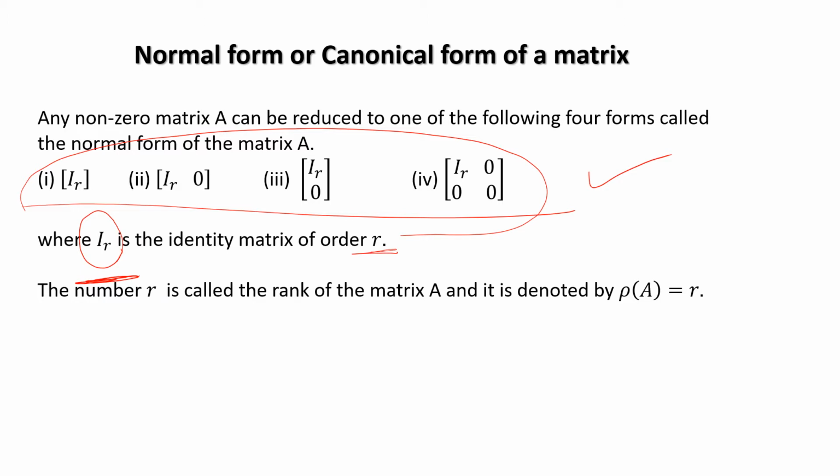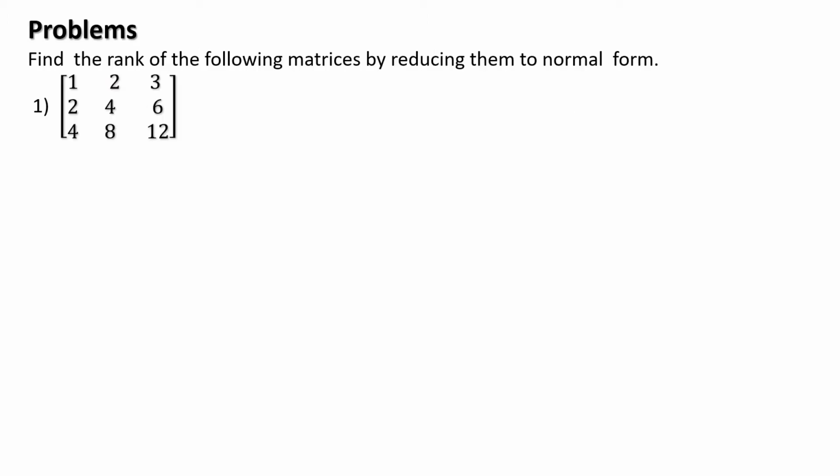This is only to recall the definition of normal form of a matrix, so that we can continue with the examples. With the help of the definition of normal form and how to find the rank using it, let us take a few examples.